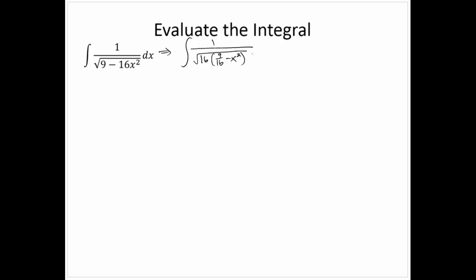Don't forget the dx, because now that's the same thing as the integral of 1 over 4 times the square root of 9/16 minus x squared. And now that fits a pattern. So that becomes 1/4 of the integral of 1 over the square root of 9/16 minus x squared dx.